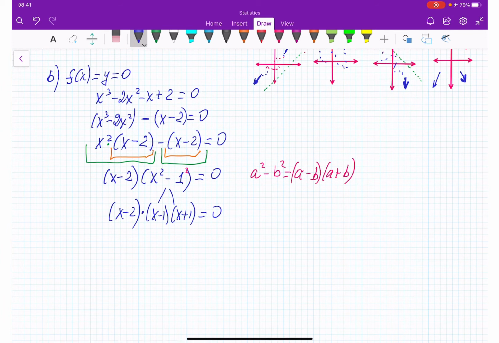So we have three parentheses multiplying each other equals 0. When the product is 0, that means one of these parentheses has to be 0, to get a multiplication result of 0.